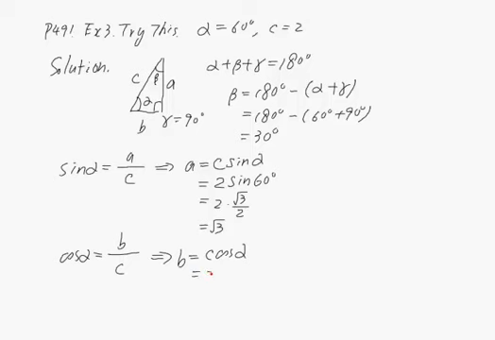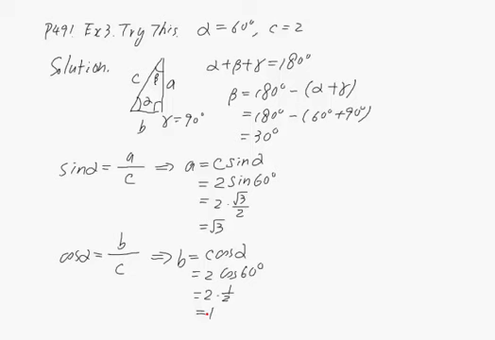So this is 2 times cosine 60 degrees. What is cosine 60 degrees? 1/2, right? So you have 2 times 1/2, and this is equal to 1.